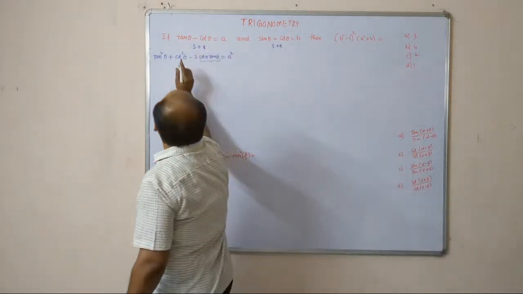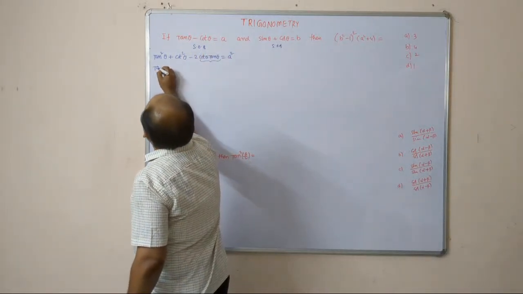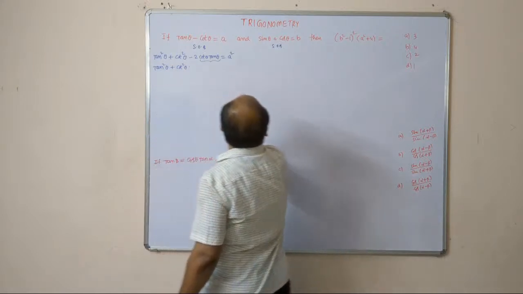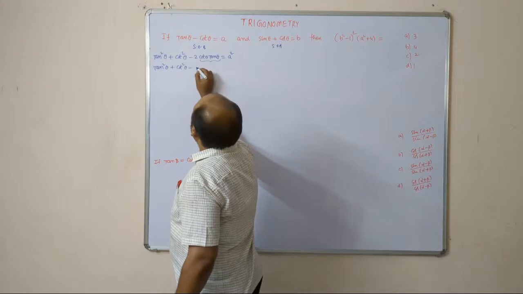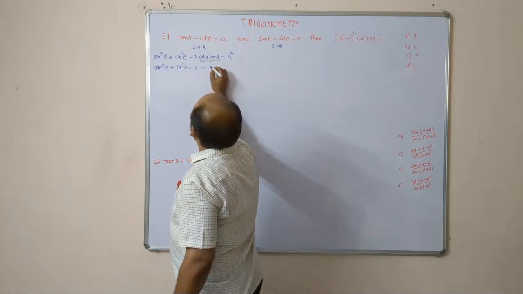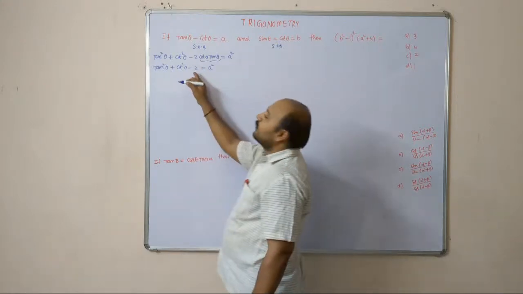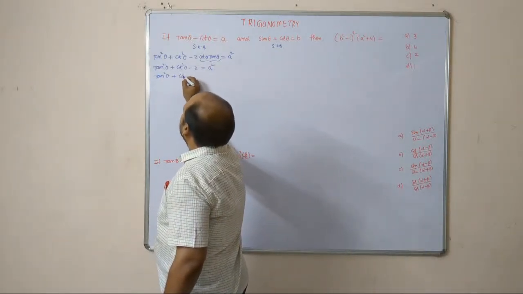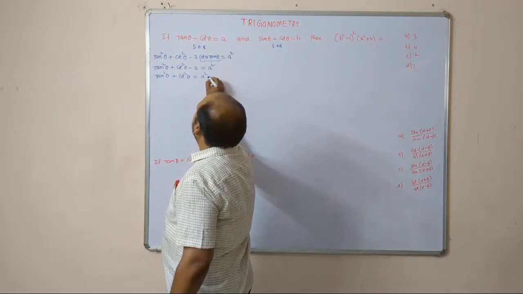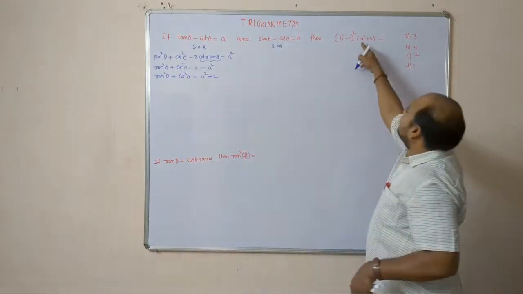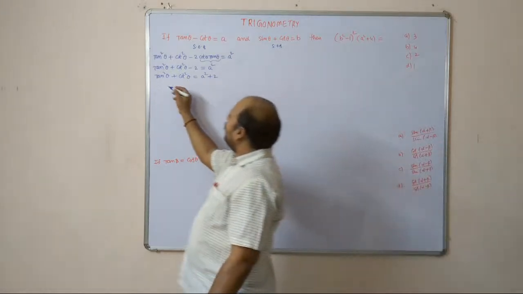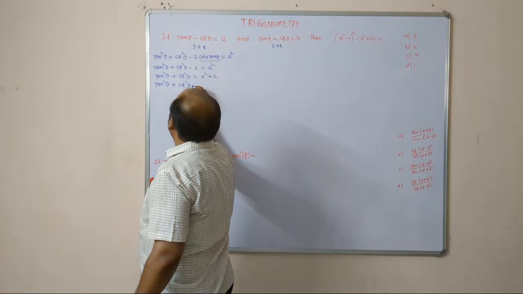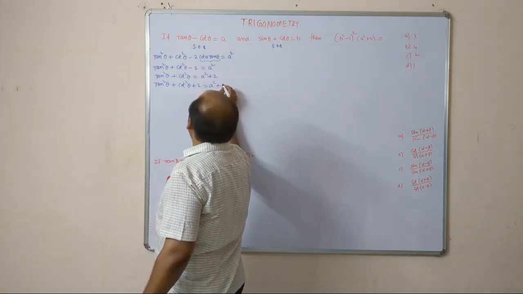Tan square theta plus cot square theta minus 2 is equal to A square. Tan square theta plus cot square theta is equal to A square plus 2. But I want A square plus 4, so adding 2 on both sides: tan square theta plus cot square theta plus 2 is equal to A square plus 4.